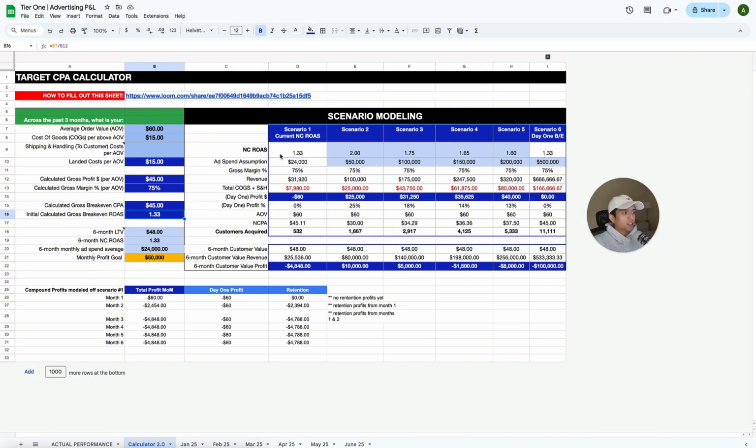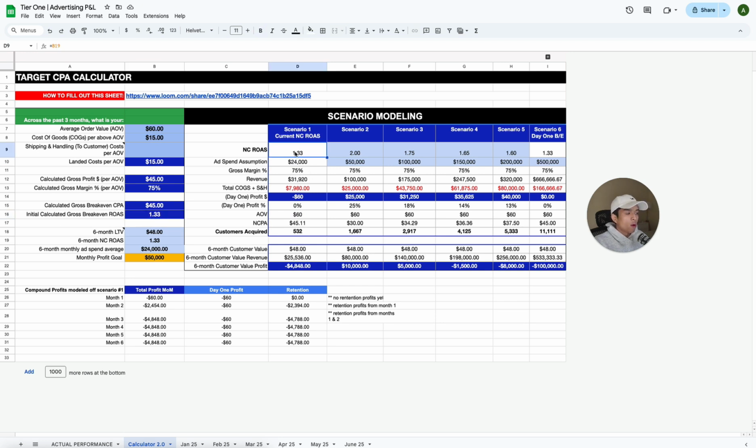Now, as you can see, we use this section on the right to give us 5 different scenarios that tell us how much profit we stand to generate based on what our return on ad spend is, our ad spend, and our gross margins. In scenario 1, our current break-even ROAS is 1.33.